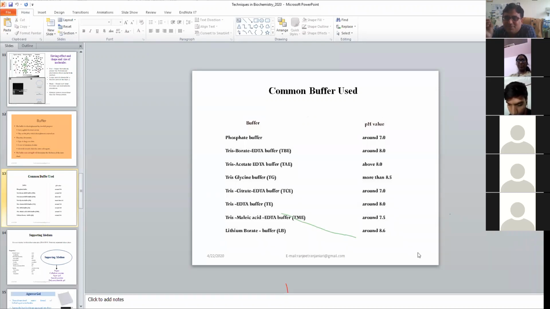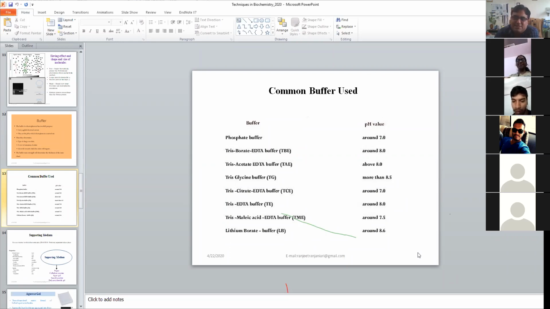So within 10 minutes, when you run this gel, because of your current, and since no ion is there inside the gel, your gel will slowly become disfigured and dissolve in the buffer which you have used in the tank. So it will disappear. Is it clear? If you are not using buffer for making the gel, and you run it, within 5 to 10 minutes your gel will disappear. First the pores will be disintegrated, and then it will mix in the buffer which you have used in the tank.